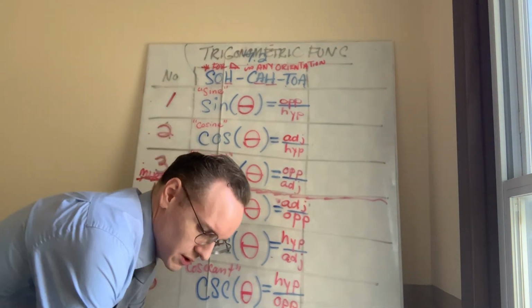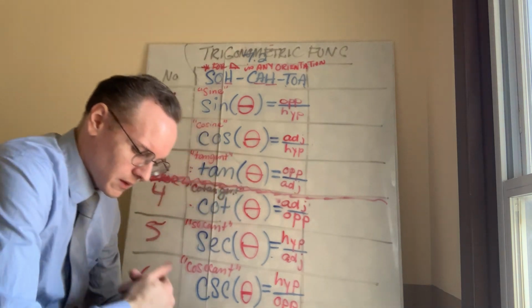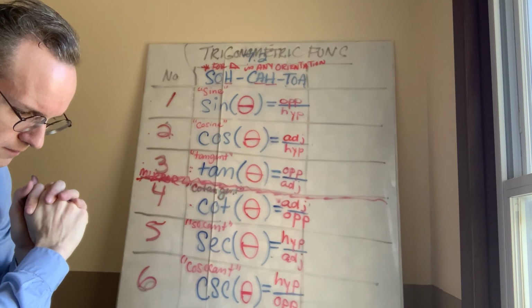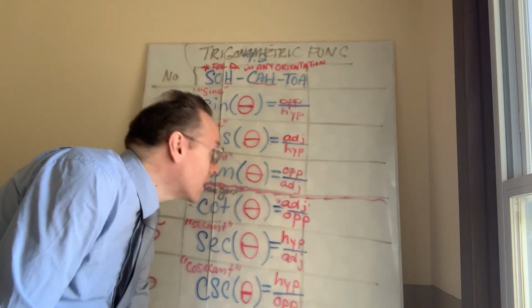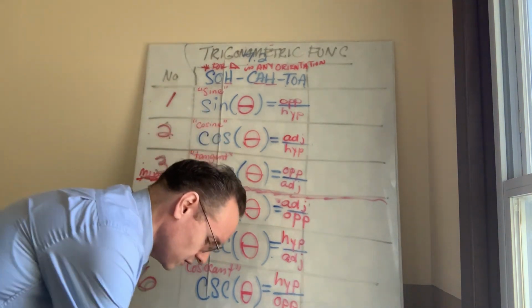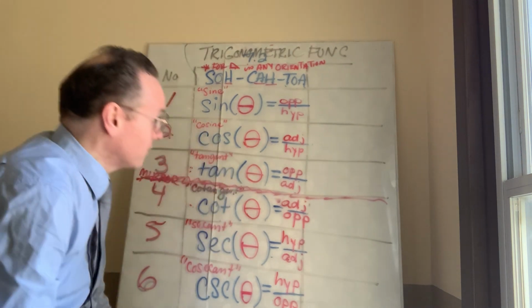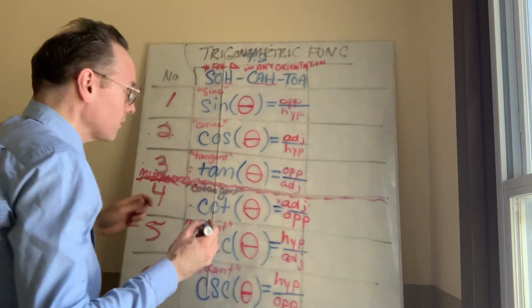If you are in section, let's see, 7.3. 7.3 is when you have standard position. Let me put this here.